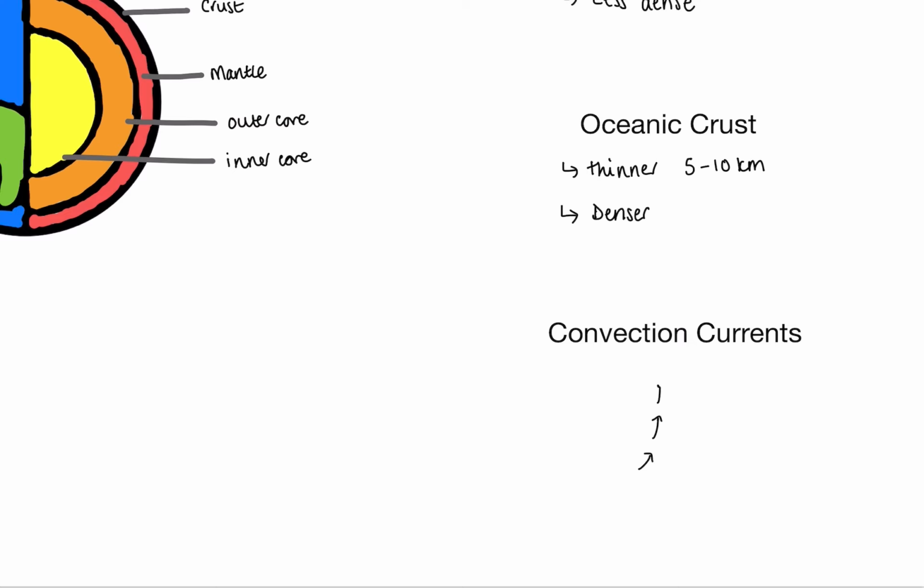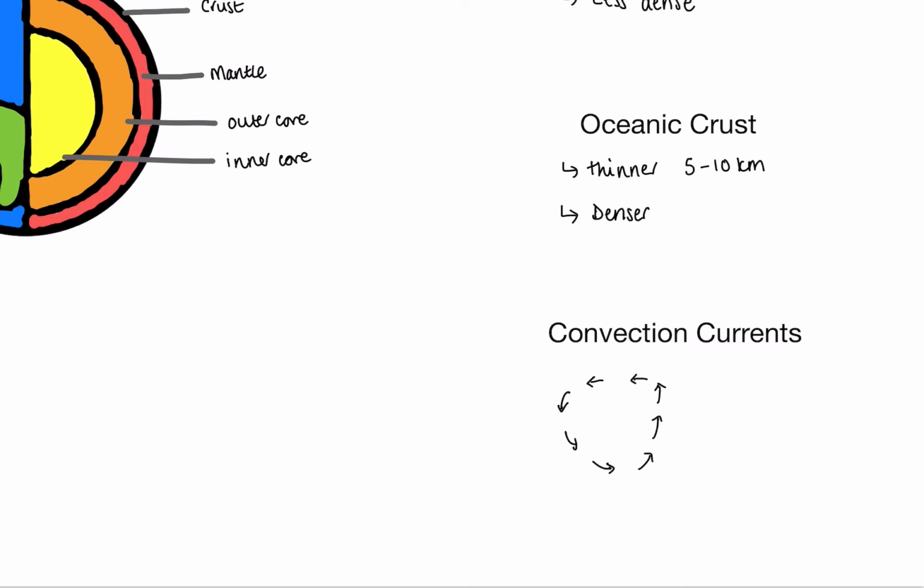When it reaches the top, so beneath our crust, cools and spreads along the surface before sinking back down to be heated again. And that movement and that cycle is happening beneath each one of our tectonic plates. And that's the driving force, that conveyor belt movement, that causes our plates to move in different directions.